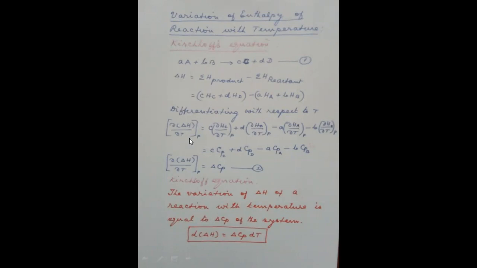Dou delta H by dou T at a constant pressure is equal to c times dou Hc by dou T at a constant pressure plus d times dou Hd by dou T at constant pressure minus a times dou Ha by dou T at a constant pressure minus b times dou Hb by dou T at a constant pressure.